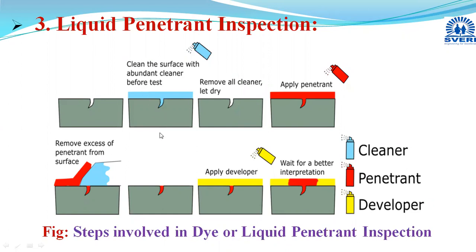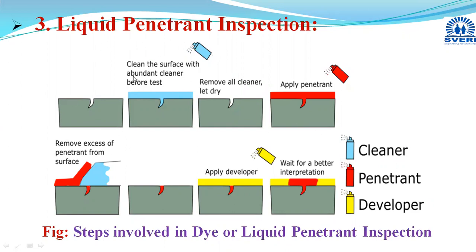This cleaning is performed to make sure that it is free from grease, oil, or any kind of other external particles from the environment. This cleaning is done with the help of a cleaner, generally indicated by a blue mark on that chemical container.